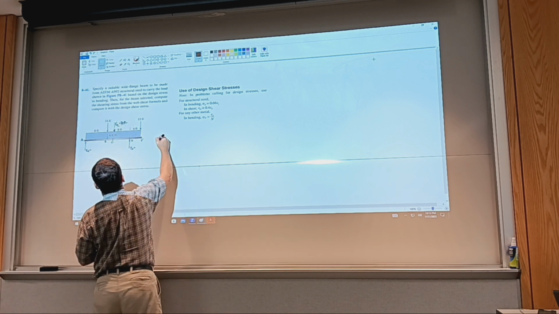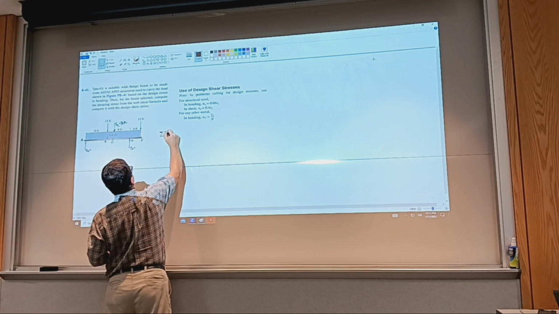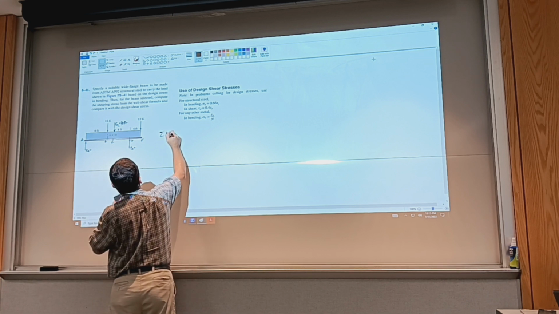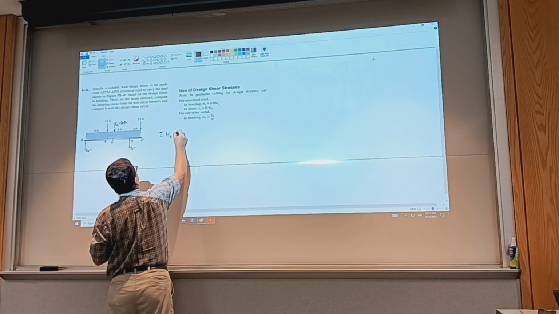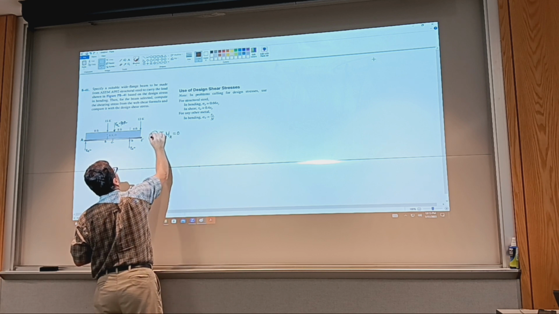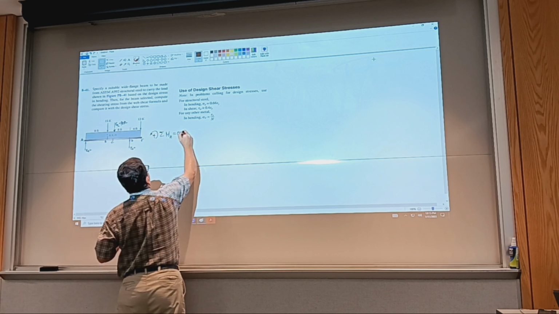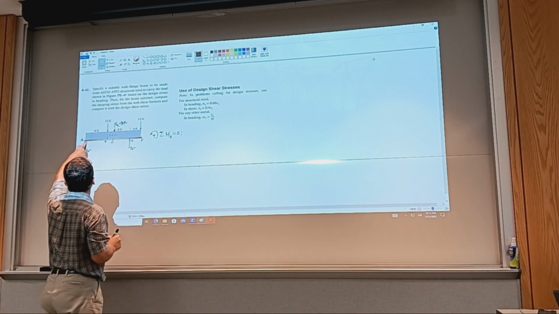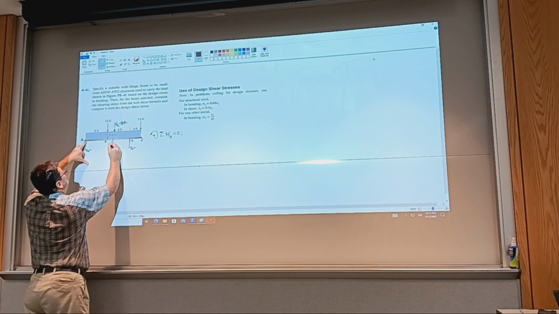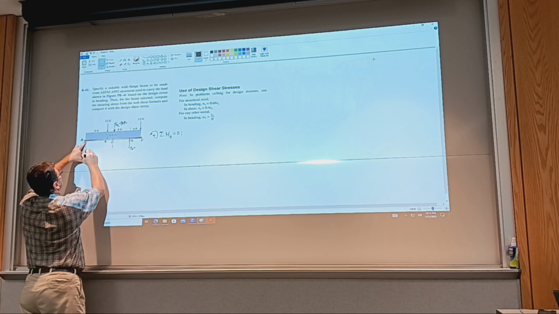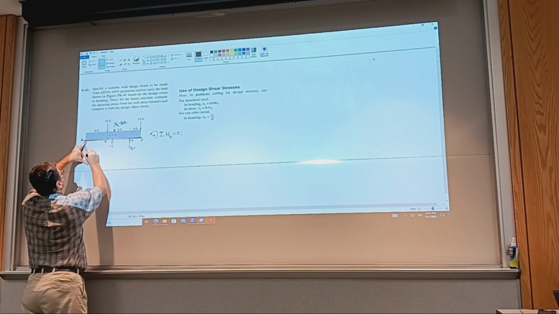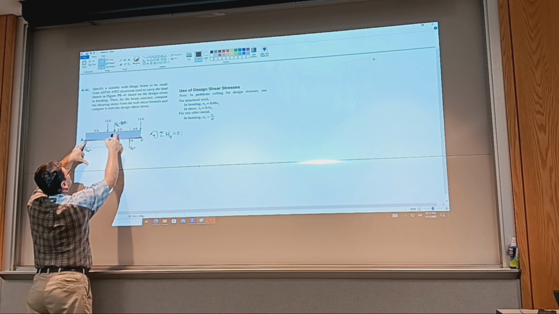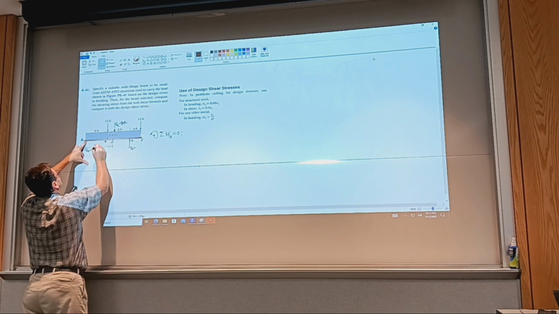All right. So to get the reaction at the supports, if we sum moments about A, we get a reaction at D. Okay. So I said sum moments about A, and this distance we said is the middle. So this one here is 20 divided by 2, that's 10 feet.